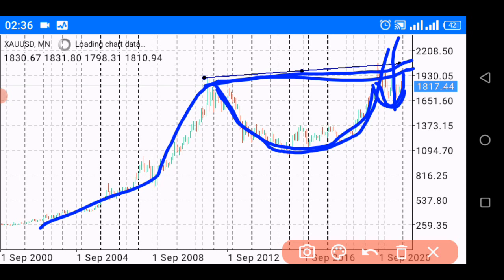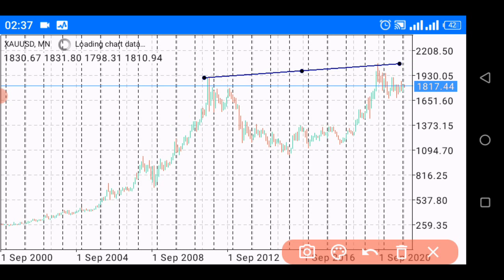We are going to discuss that separately. This cup is a pattern that we usually see in stocks. So we have it here, the monthly chart of gold.